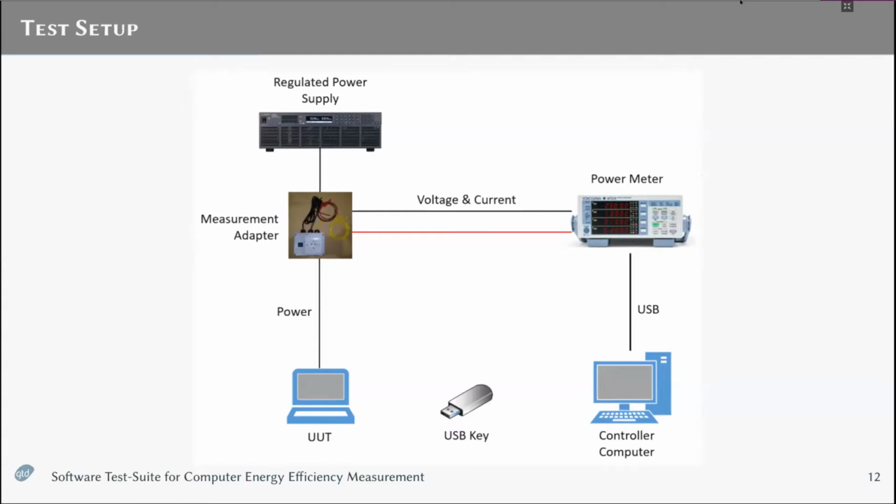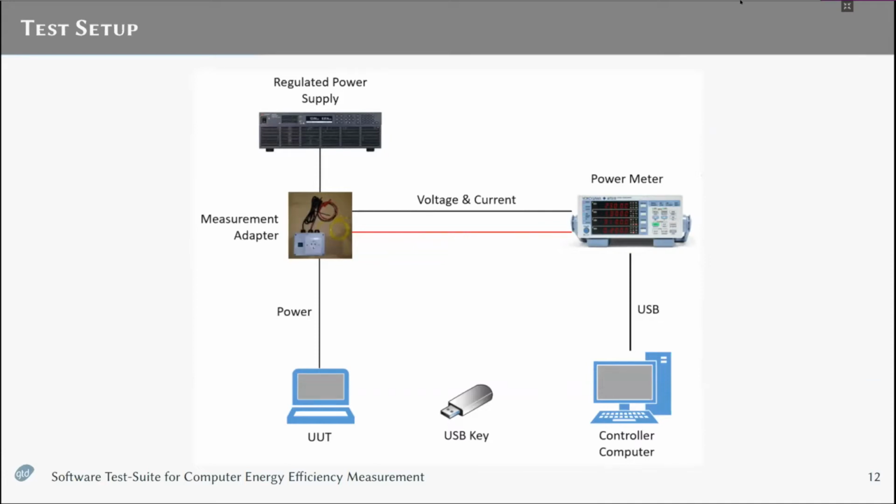On the other side, through a voltage and current connection, it allows the power meter to get the measurement of the power demanded by the unit under test.